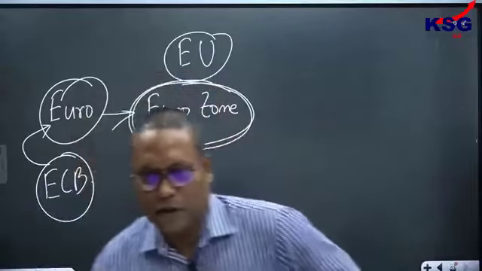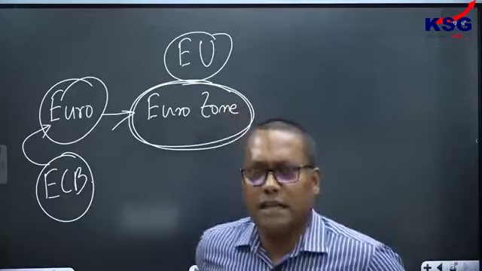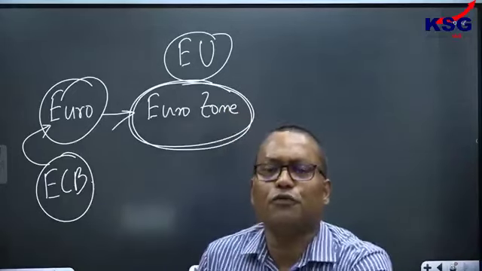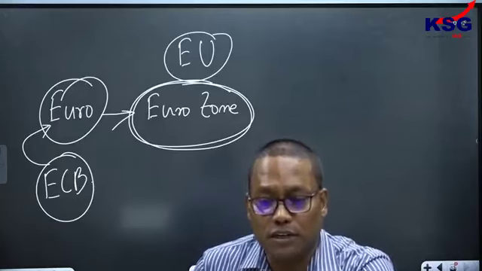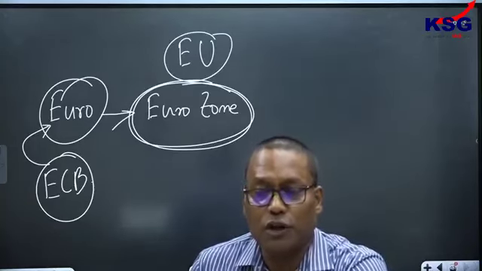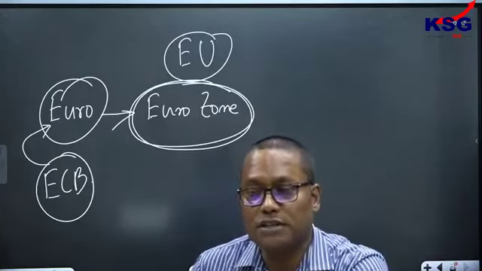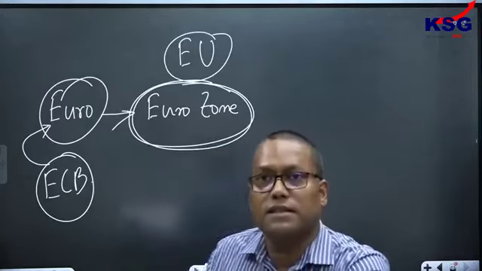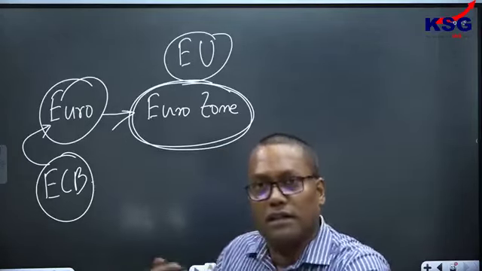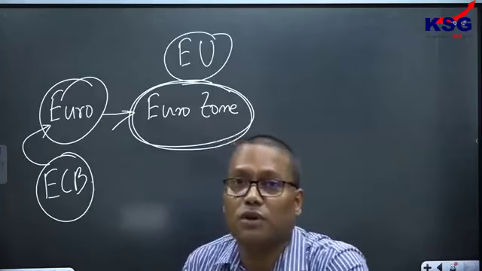Clear? Now, maybe in the next class I will discuss a few integrations that India is negotiating and has already agreed upon with other nations or groups of nations. Each and every country agrees on trade or other things depending on the benefits the country is getting.